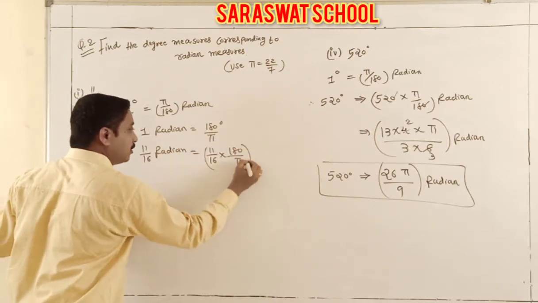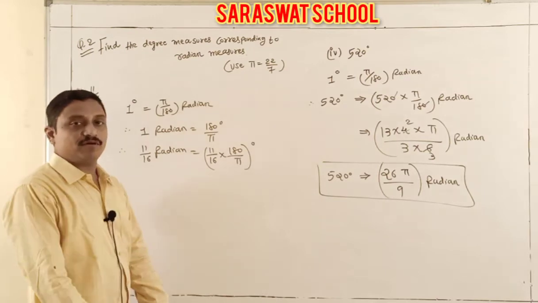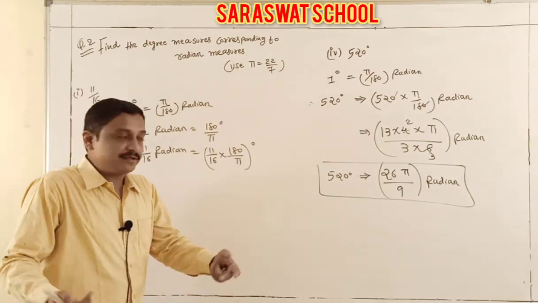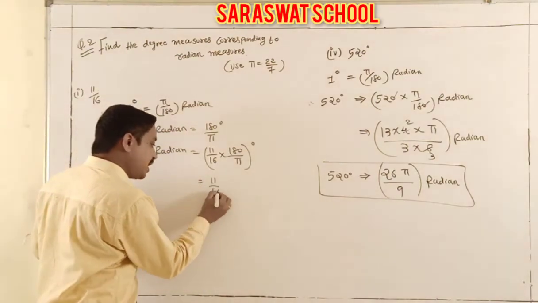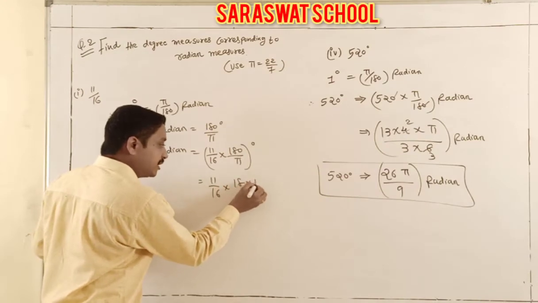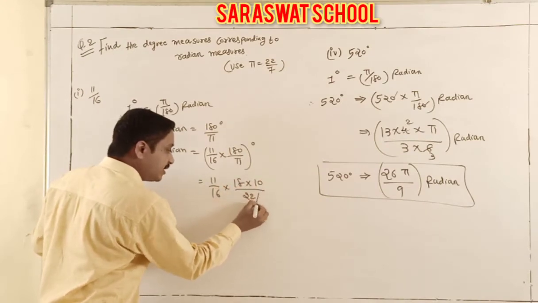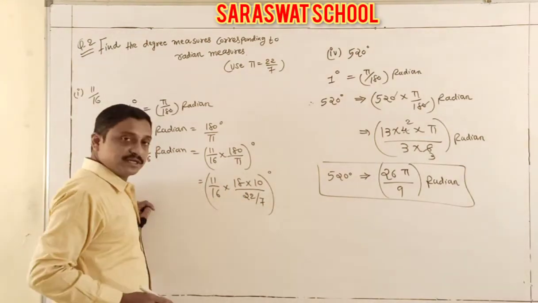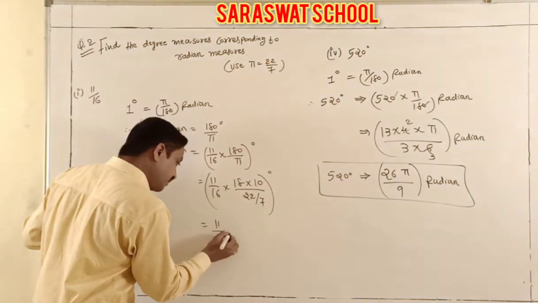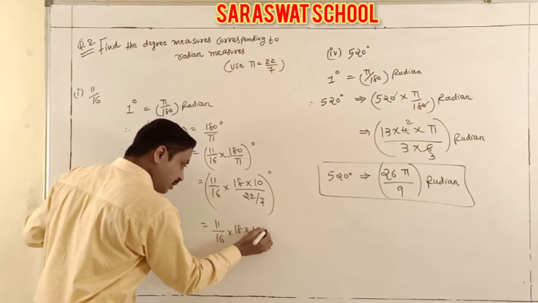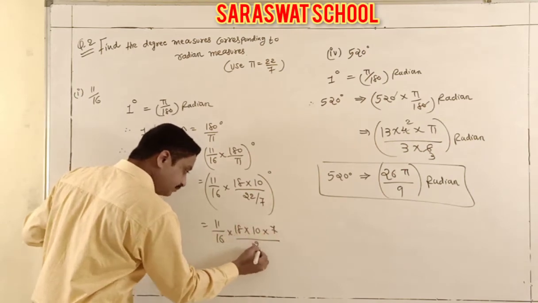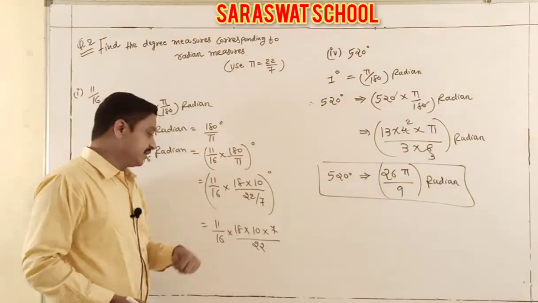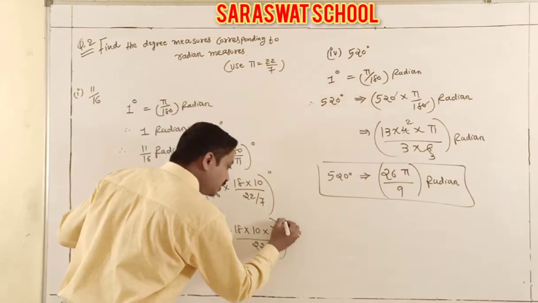Here the whole number is taken in the degree form. Now cutting. So 11 by 16 same. Here 180 and 10 and here 22 by 7. And the whole number is again your degree measure. So 11 by 16 into 180 into 7 by 22, this is your degree.